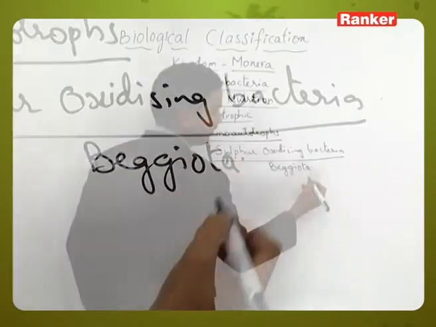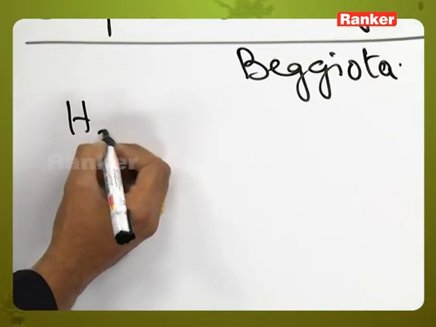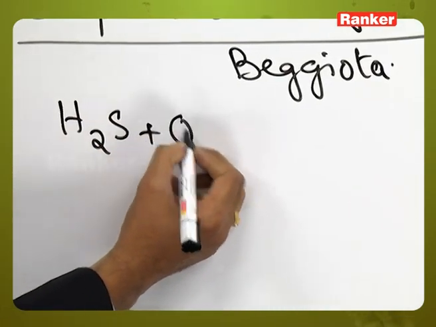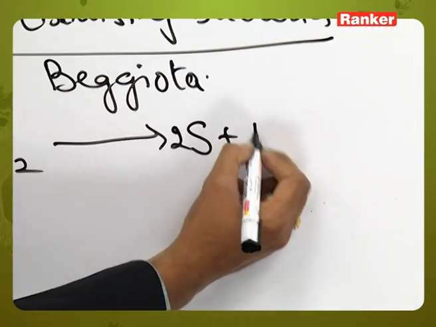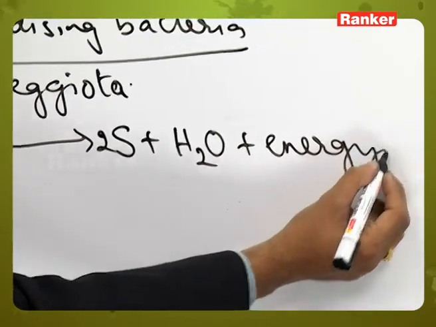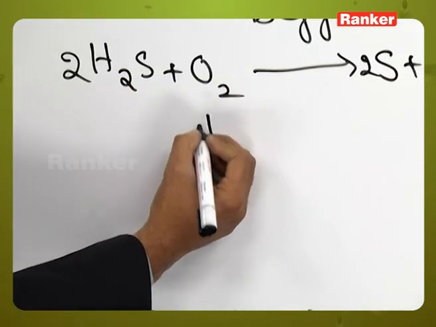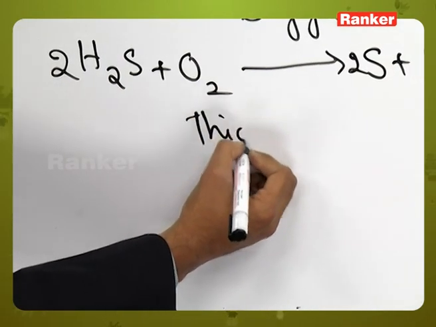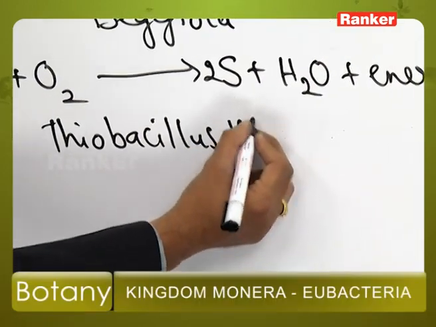Beggiota is a bacteria which will oxidize hydrogen sulfide and convert it into molecular sulfur by releasing some energy. And one other is Thiobacillus thiooxidans.